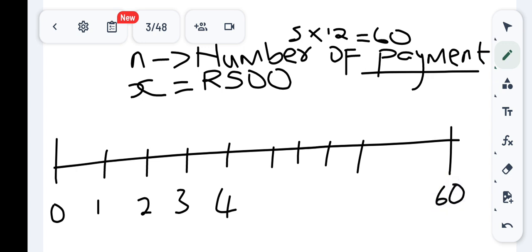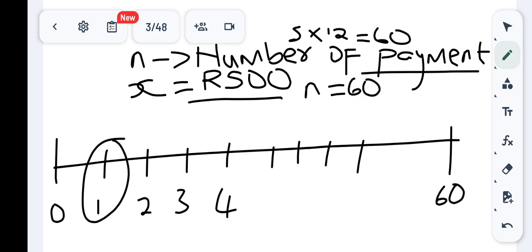I'm starting to deposit 500 in 1 month's time. What am I saying? I'm saying that I will start to deposit this 500 into my savings account at T1. So n is equal to 60. Why? Because I started to deposit in 1 month's time. So my n will remain like this.